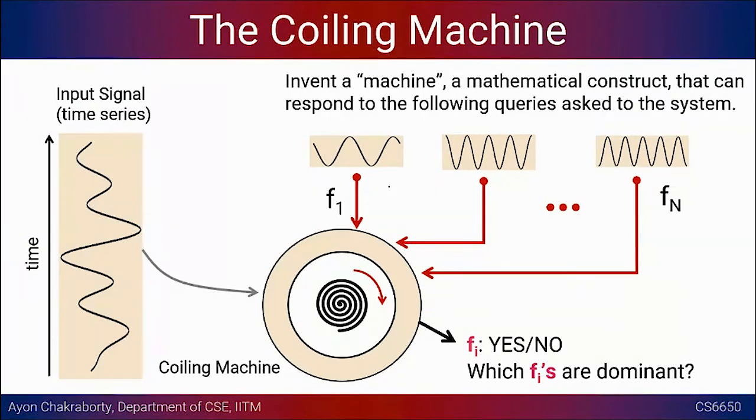We ask a series of questions, and for every answer, it could either return yes or no, or it could return some weight Wi, which is going to tell us which of the Fi's are dominant. Out of this F1 to Fn, you might happen to see only 5 or 6 prominent peaks, where the rest of them do not have a very high weight assigned by the coiling machine.